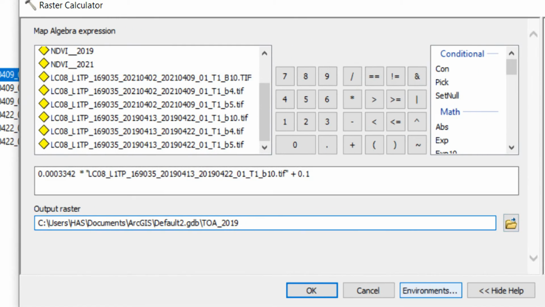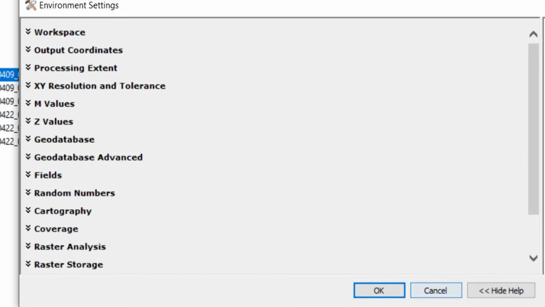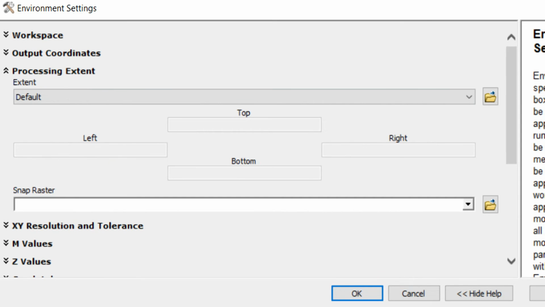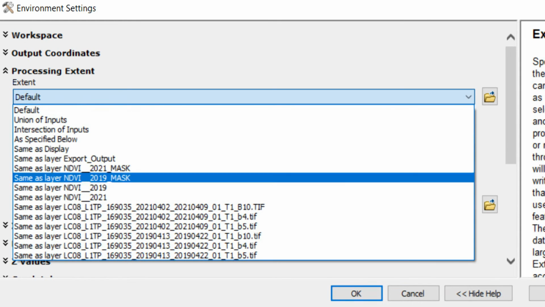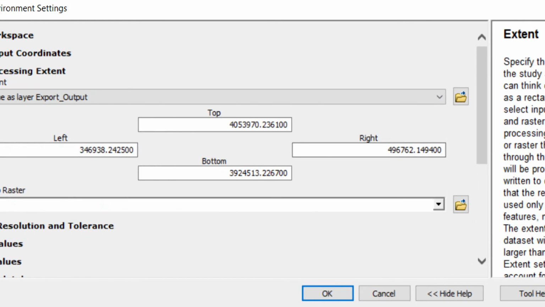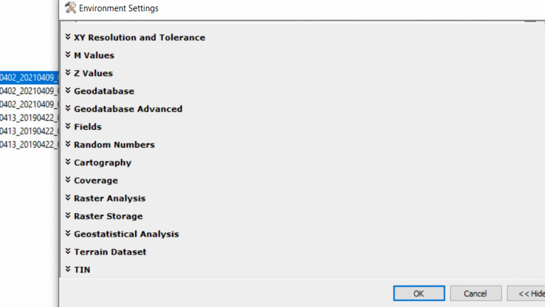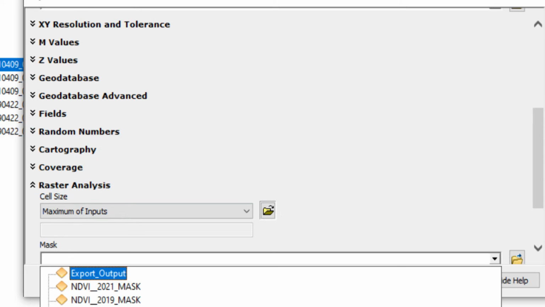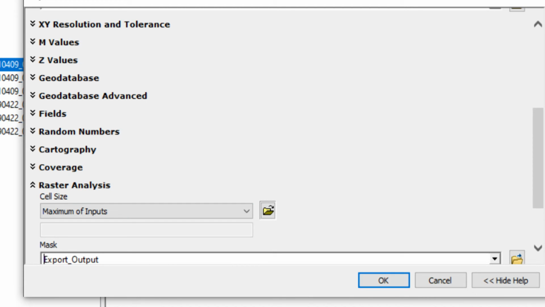And of course, we have to do the same process in order to clip the output. So we'll choose the shapefile that we have in order to clip the output image.